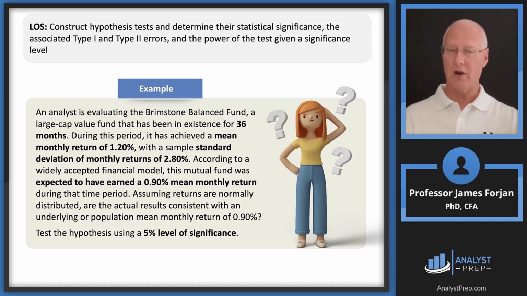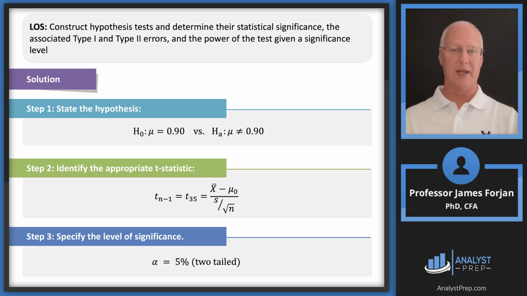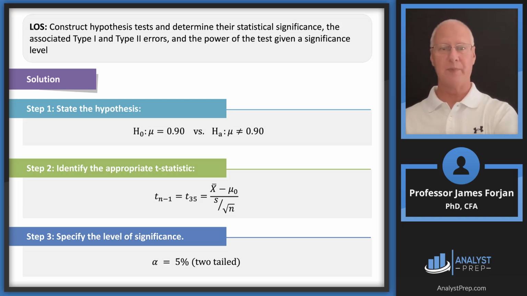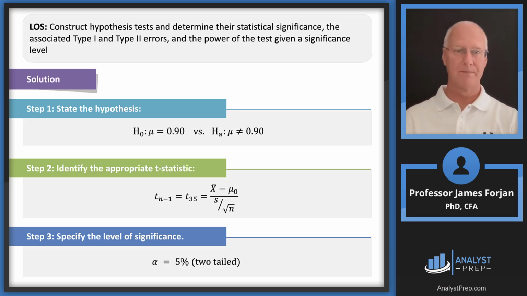Now, if we were back in kindergarten, we would say 1.2 is not the same as 0.9. There's a mathematical difference. But now that we're a lot older than in kindergarten, we need to determine whether this is statistically significant. So let's run through our steps. State the hypothesis that the mean is 0.9, and it's a two-tailed test because it could be either higher or lower.